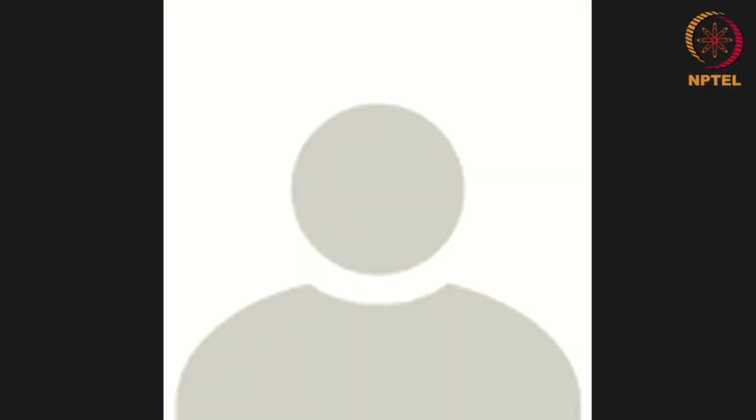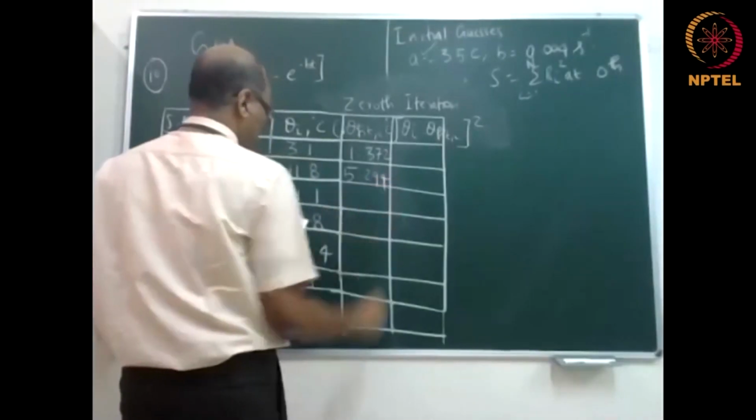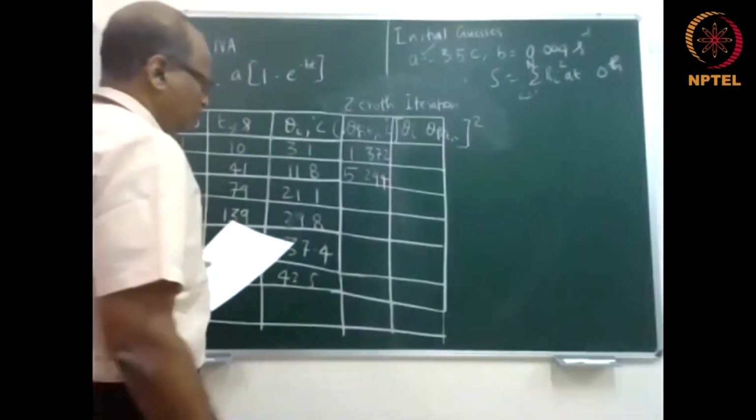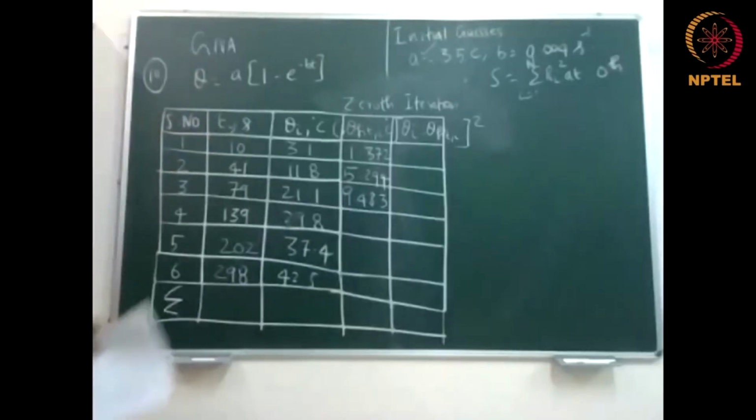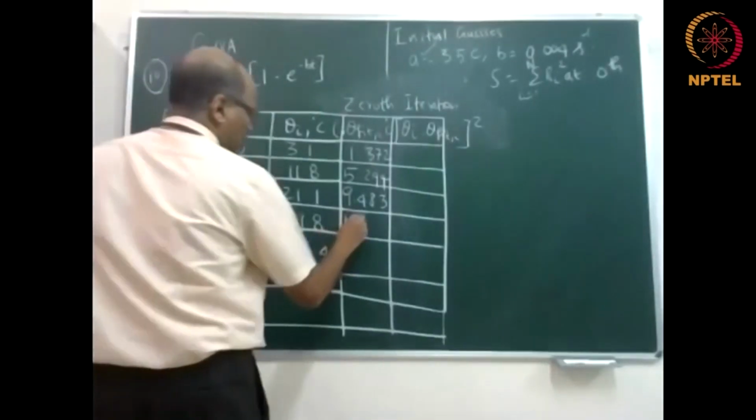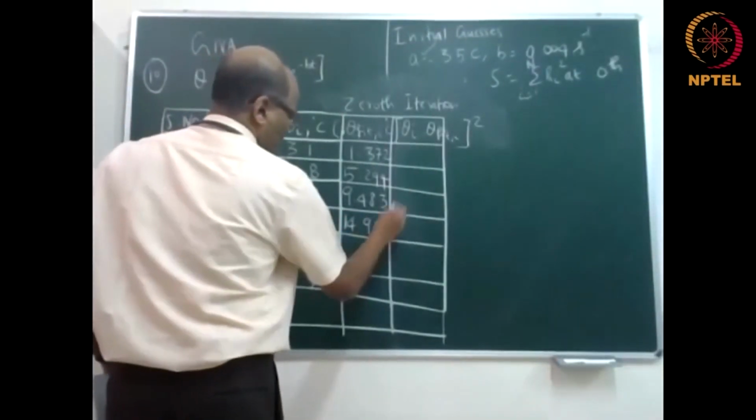Second. 5.29. Yes. Third. 9.48. Good. Fourth. 14.92. Very good.